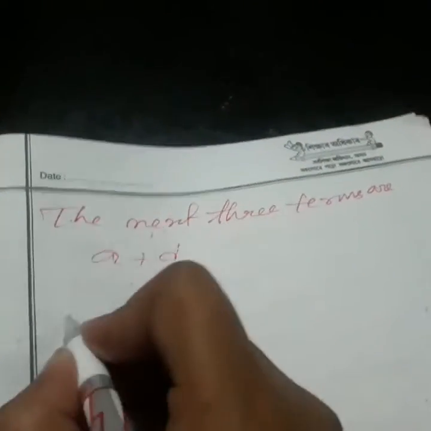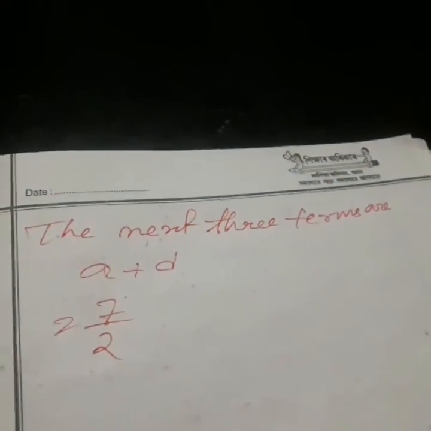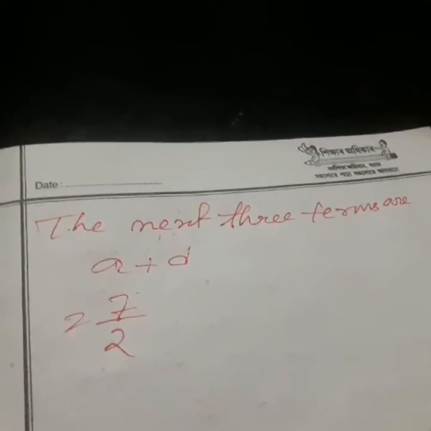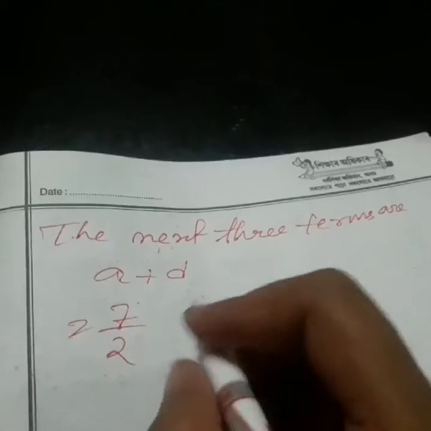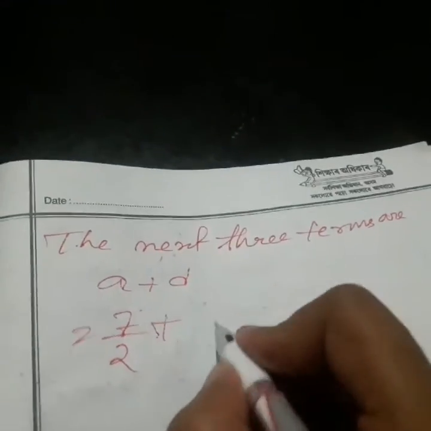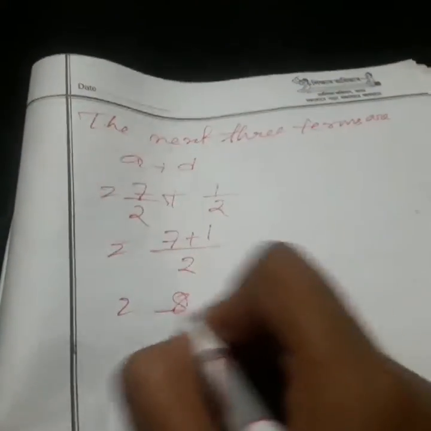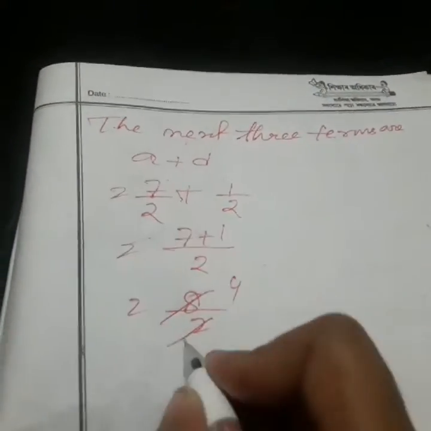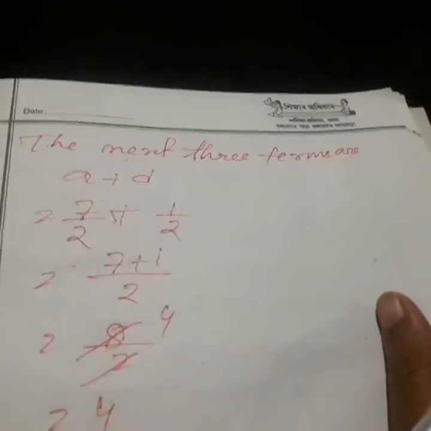A plus D, right? So A is what here? 7 by 2, because we have to find 3 more terms after 7 by 2. So your first term here will be 7 by 2 plus D, which is 1 by 2. So 7 plus 1 is 8 by 2, which is 4. So the first one is 4.